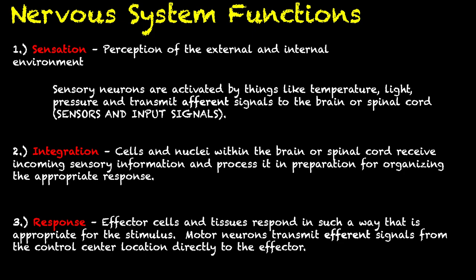Effector cells and tissues respond in such a way that it is appropriate for the stimulus. As far as the nervous system goes, motor neurons in the brain or in the spinal cord will send outgoing efferent signals from the control center location, whether that's the cerebral cortex, a basal nucleus, or the spinal cord, directly to that effector by using a neural nerve-based pathway.